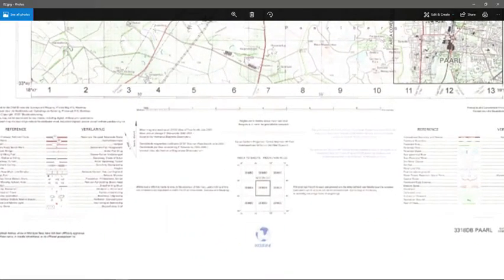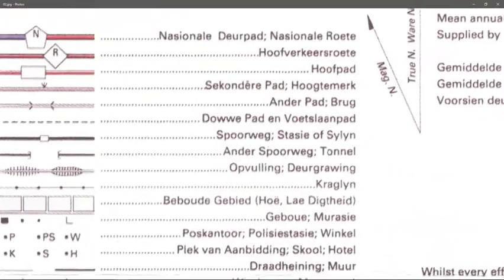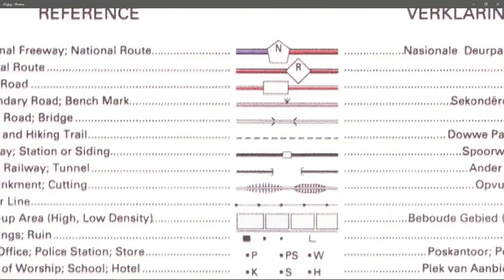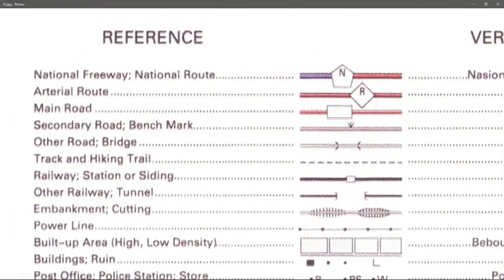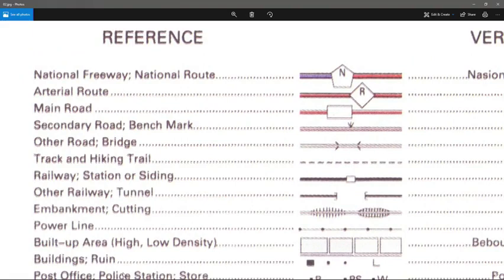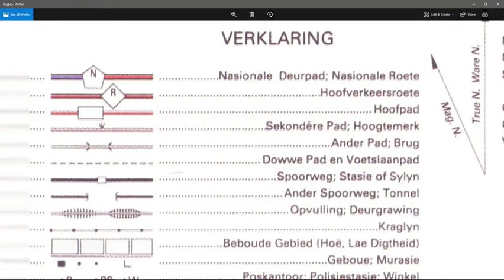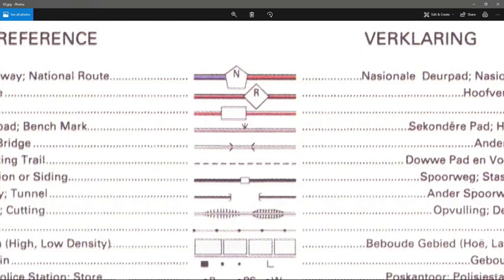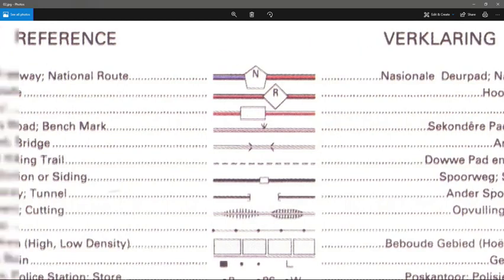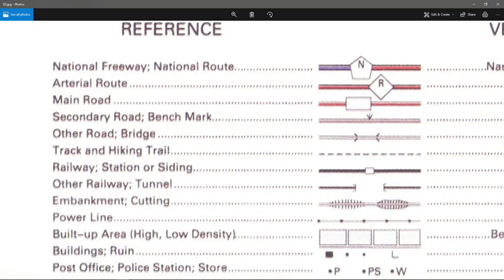On the bottom of your map, this is where you can find these keys and references. On the one side, the reference is in English, and on the other side it is in Afrikaans. For example, if you want to know what a power line looks like, there's the image for a power line.